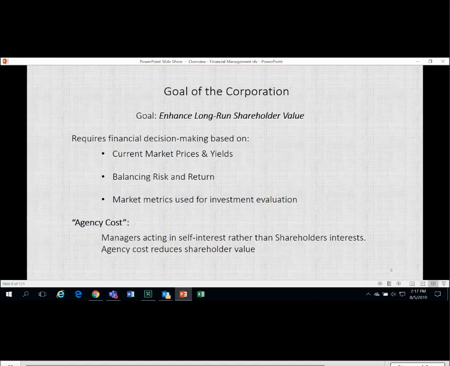That is, they may try to maximize their bonus this year as opposed to looking out for the long-run value of the stock. This is what's called agency cost. And when managers act like this, this reduces the value of the corporation to the owners.